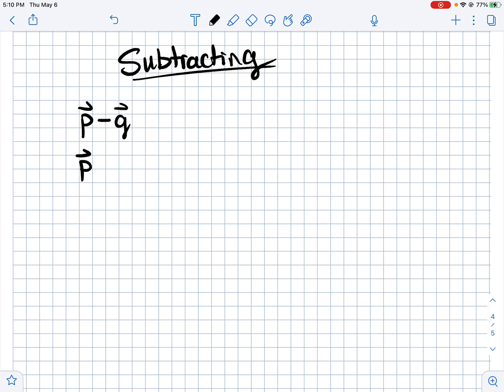So we would add the vectors, but we'd add the opposite of vector Q. Right, so if vector Q looked like this, the opposite of that would just be like that. So that's kind of why we needed to know what opposite vectors are. They help us when we're subtracting vectors. So we don't subtract vectors, we add their opposite vector.